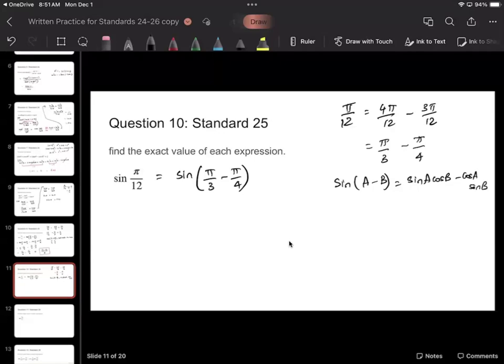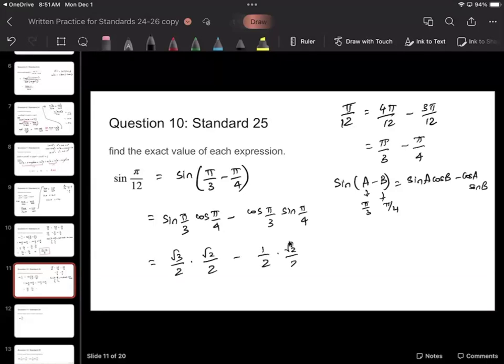Okay, so the angle in the place of A was pi over 3. The angle in the place of B is pi over 4. So this becomes sine pi over 3 cosine pi over 4 minus cosine pi over 3 sine pi over 4. Sine pi over 3 is root 3 over 2, cosine pi over 4 is root 2 over 2, minus 1 half times root 2 over 2.